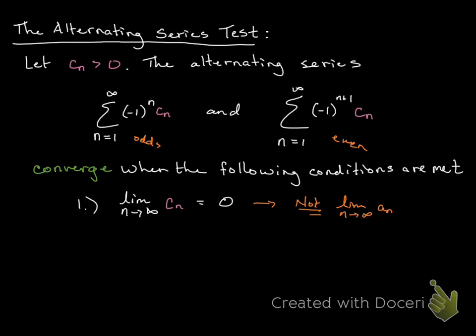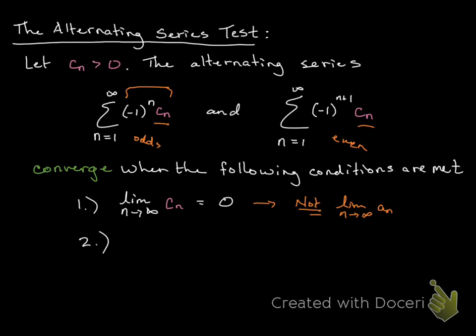So this is not the nth term test. I'm just looking at C sub n here, where a sub n is the entire thing inside of the series. It's the entire nth term. I'm just looking at the little guy next to the part that makes the series alternating.